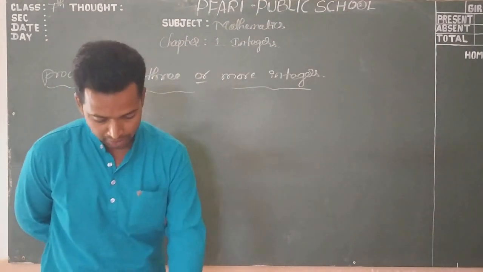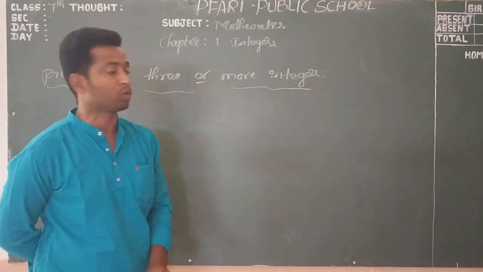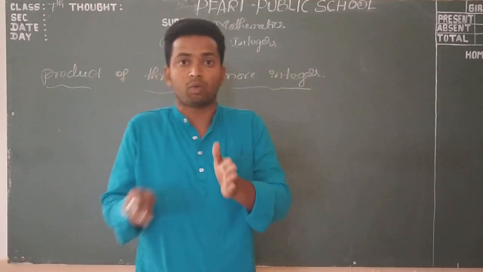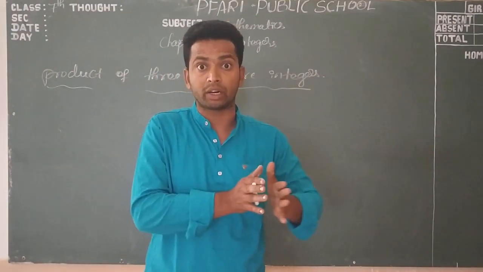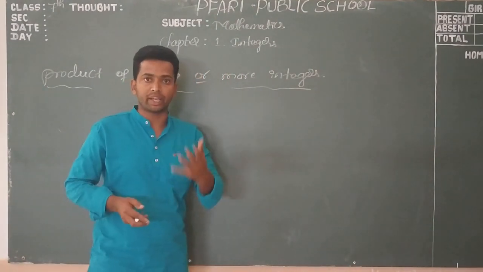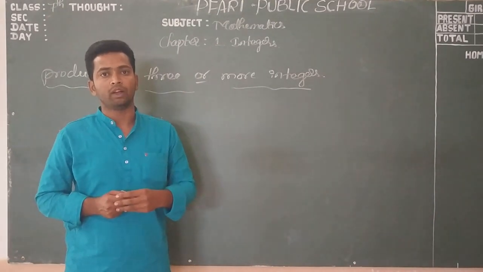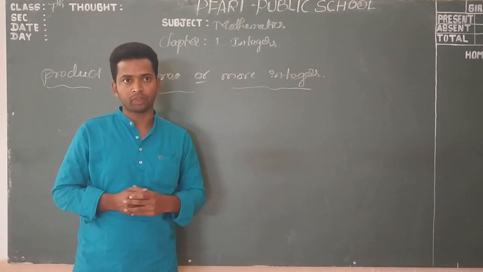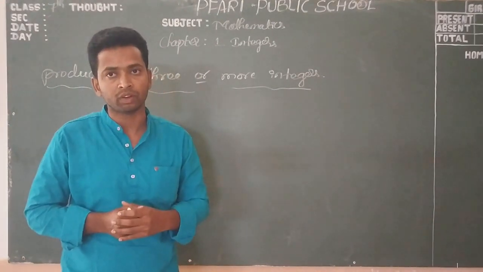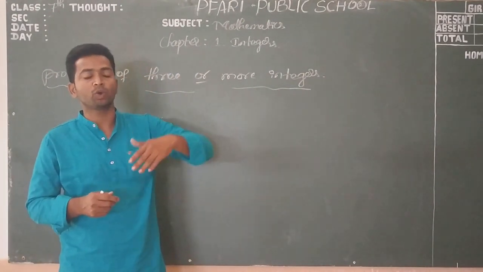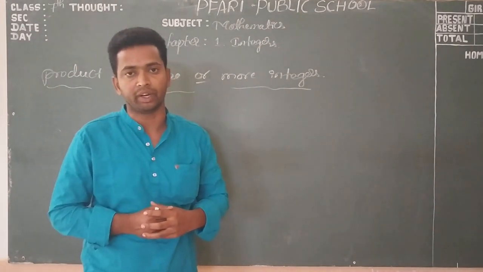Similarly, in today's class, I am going to discuss what the product would be when we take three or more integers. Suppose I take three negative integers, what would be their product? What happens when I take more than five or six negative integers?